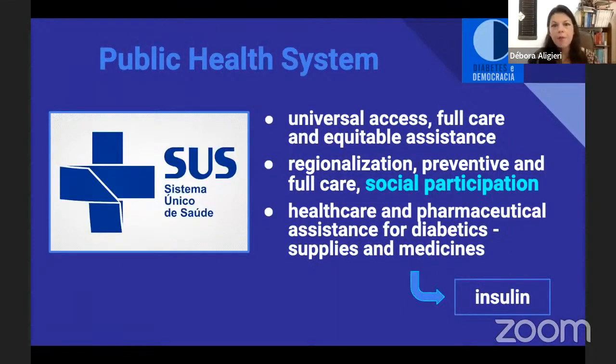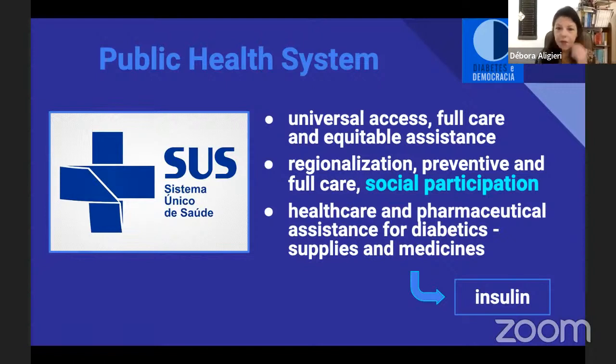Here we have a public health system, in Portuguese Sistema Único de Saúde, our beloved SUS, that offers universal access, full care, and equitable assistance to all Brazilians.